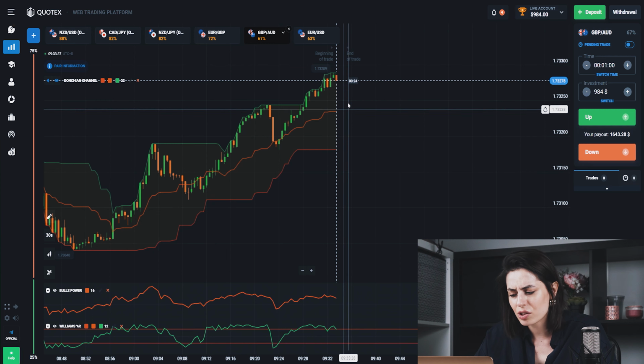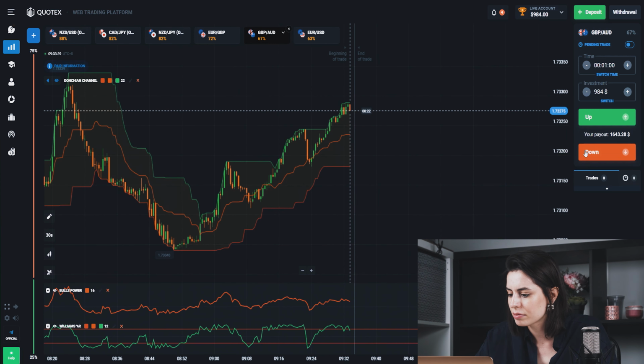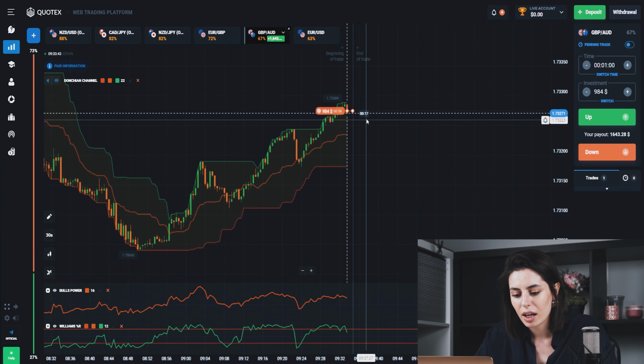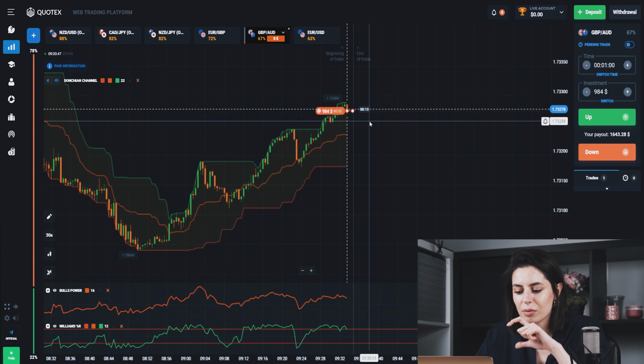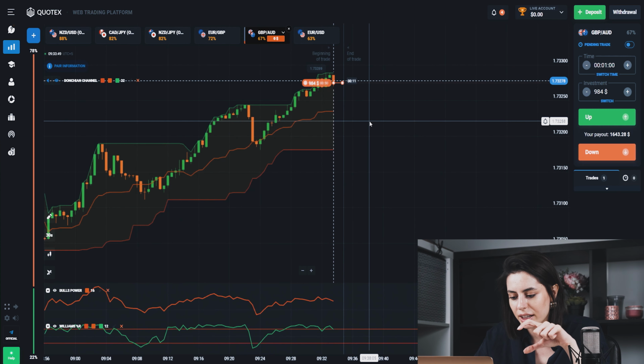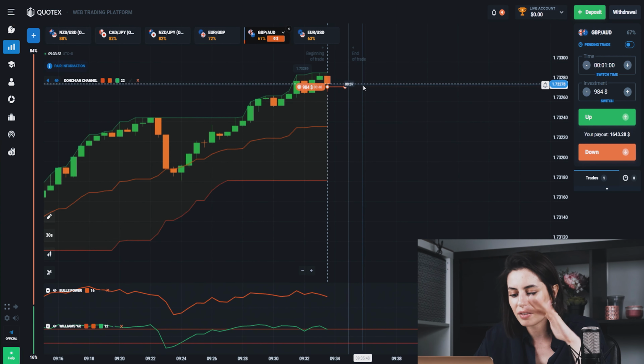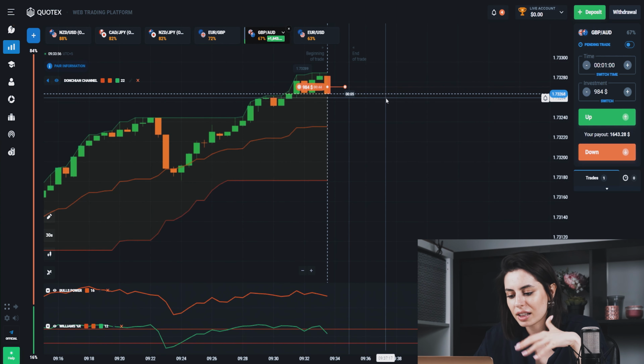And here, it's actually not that hard a strategy, not that difficult, not that complicated. With the Williams, you may see it actually crossed, sometimes this channel is transparent for some indicators, sometimes there are the two orange lines, and when it just gets above these lines, it is trying to get down.